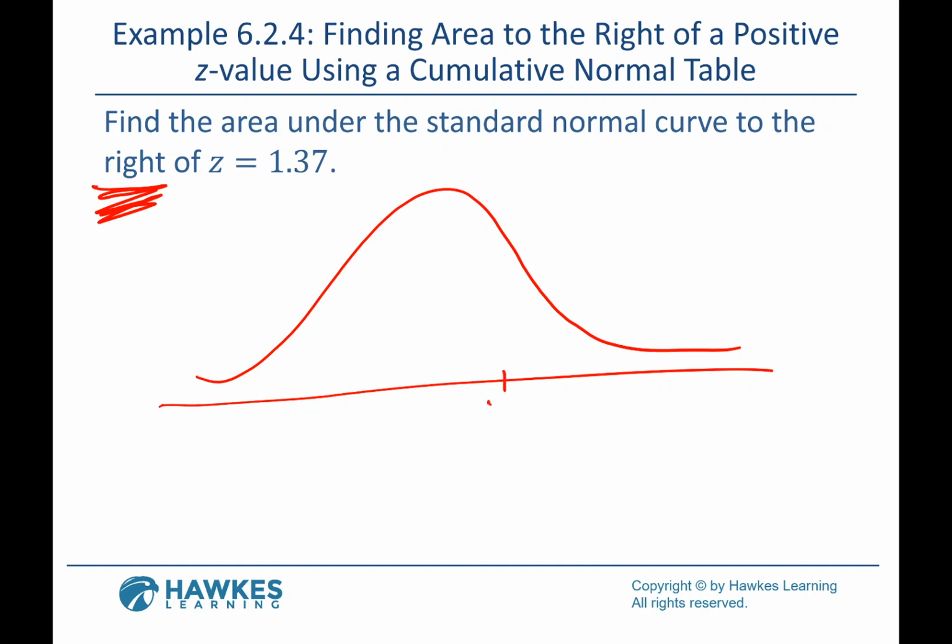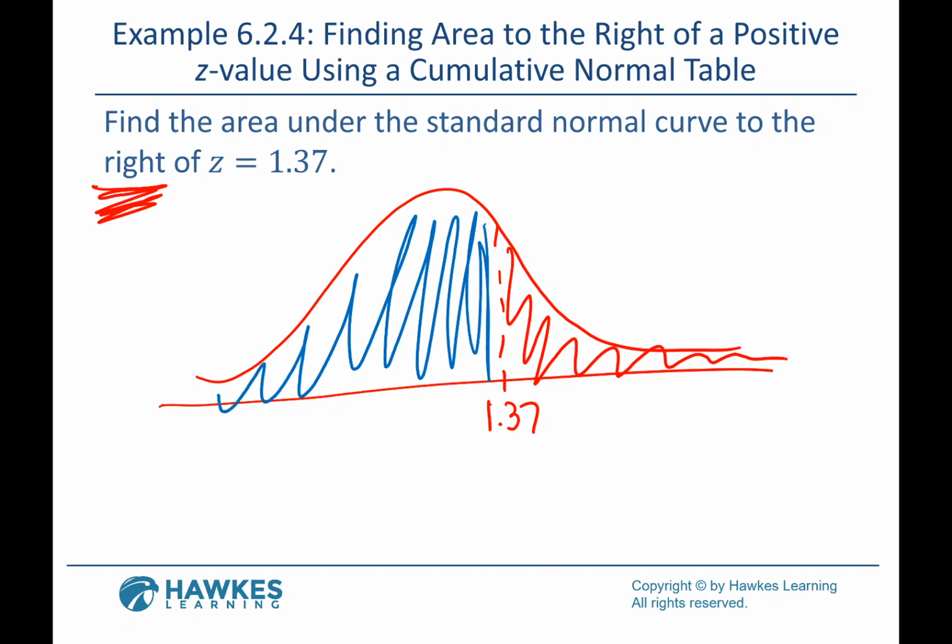Here's some z value that we're looking at, 1.37. We want this area, but our tables give us area to the left. So our tables would give us this if we look at 1.37. So how can we figure out the red part if our tables give us the blue part?